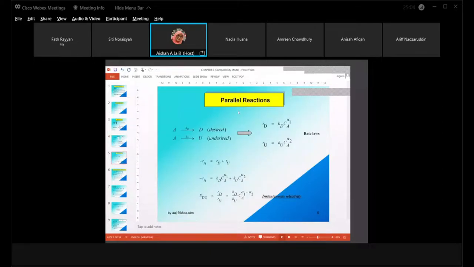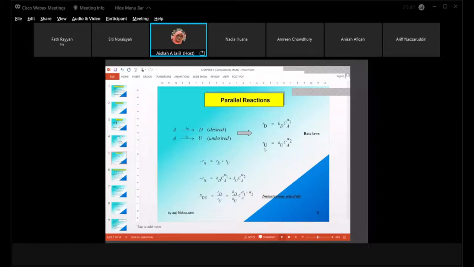Okay, this is parallel reaction. Parallel reaction, Example 1. You can see A produces D, the desired product. At the same time, A also produces U, the undesired product. So let's say RD equals KD CA to the power of alpha 1.